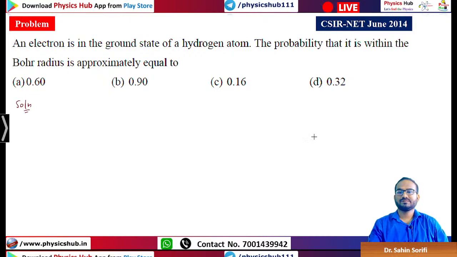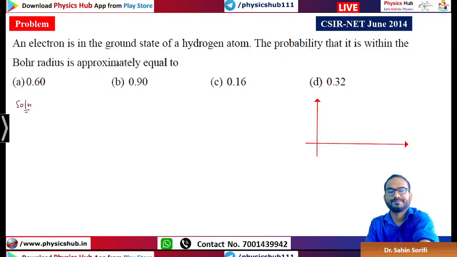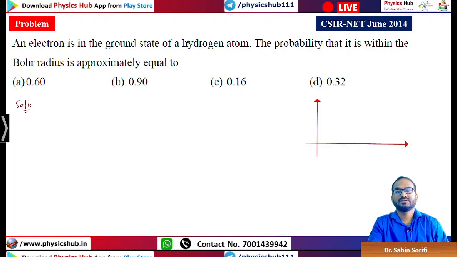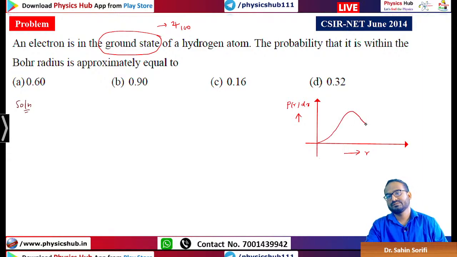Okay, before solving this problem, let us try to understand what it actually asks. It is in the ground state, right? Ground state means psi 100. And we have already plotted the ground state P of r dr, this is the radial probability density versus r. So we have seen it is like this.